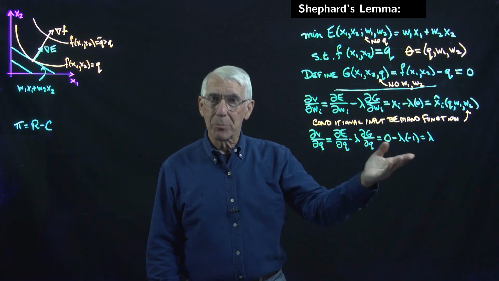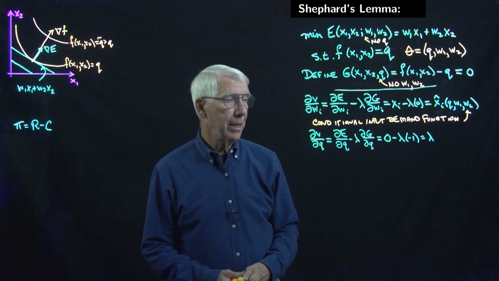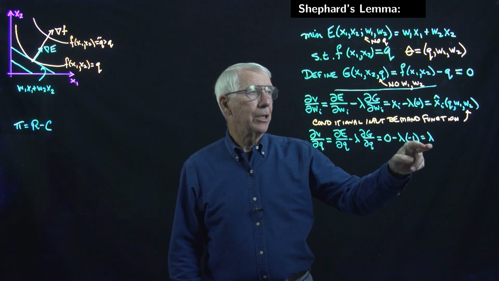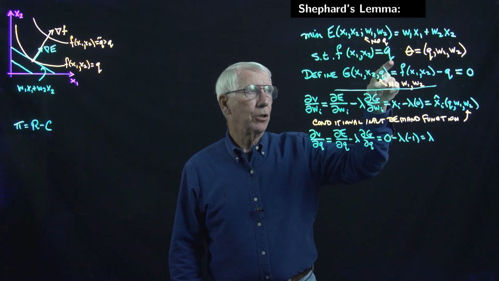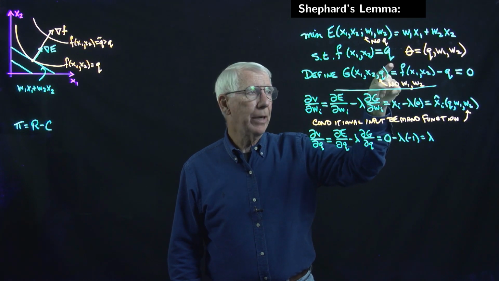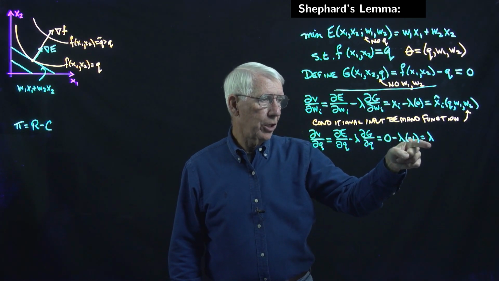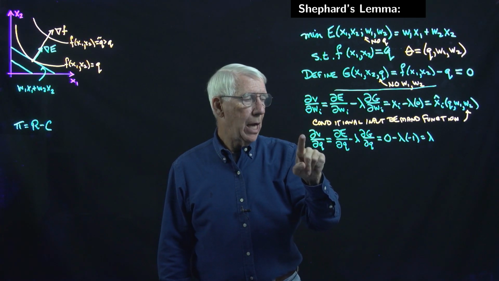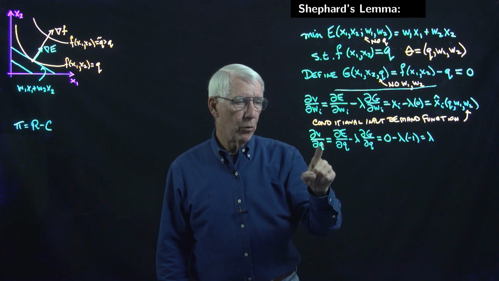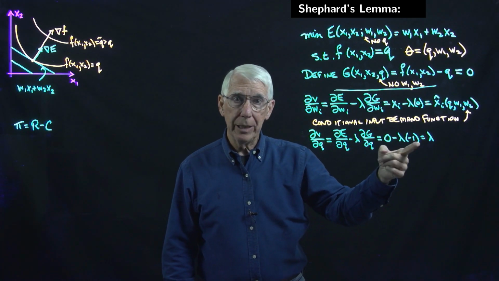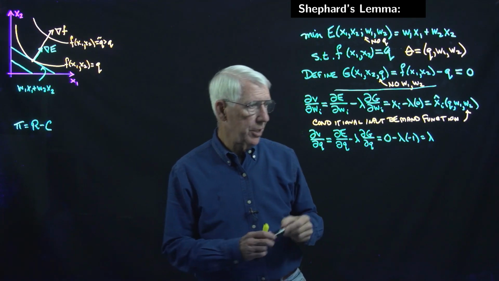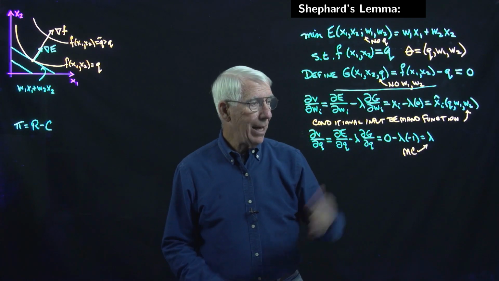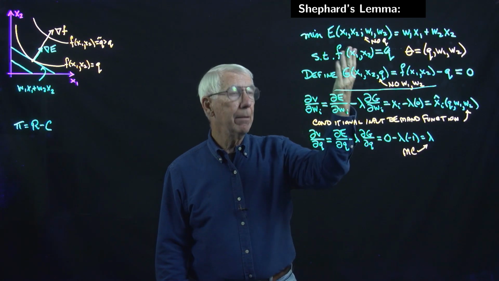And of course, that's not a surprise because we have already seen that the Lagrange multiplier is a shadow value, the marginal value of the right-hand side of a constraint. So this is the marginal expense that we will have to incur if we want to have one more unit of output. So it's really the marginal cost for the firm. The firm's marginal cost is the value of the Lagrange multiplier in the minimization problem.